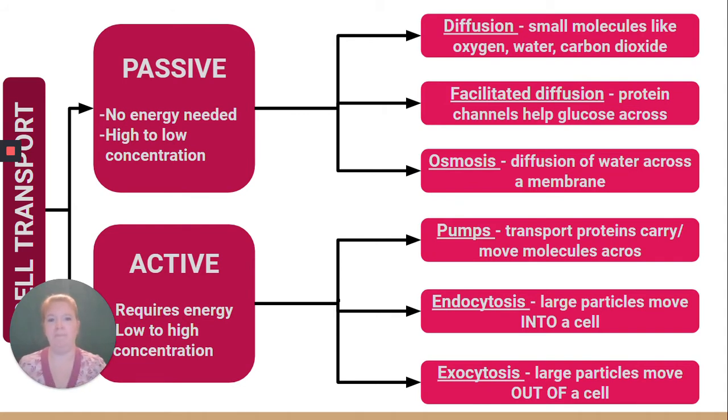concentration. And then sometimes we have to use facilitated diffusion. That's kind of a big word, facilitated. Well, to facilitate means to help. So that means something needs a helper to get across the cell membrane, but it's still going to go from high concentration to low concentration. So we have a lot of glucose in our blood, for example, and the cells need it.